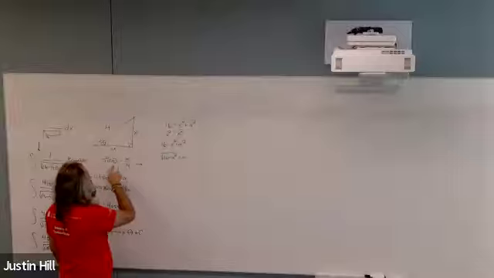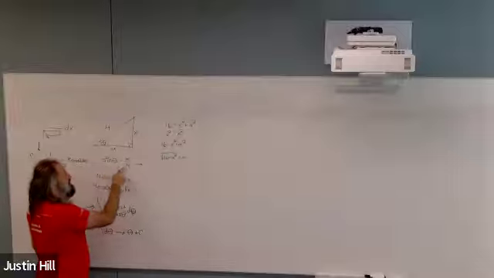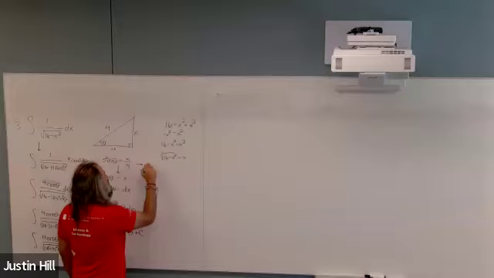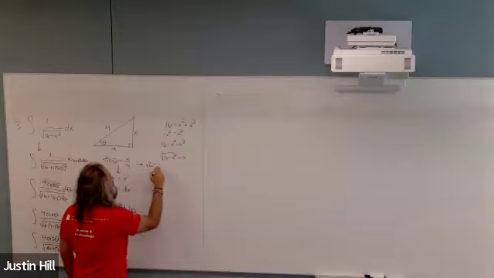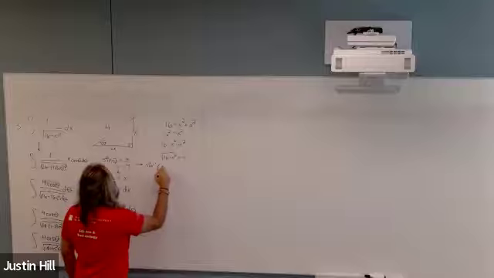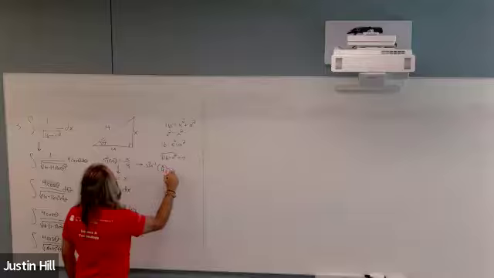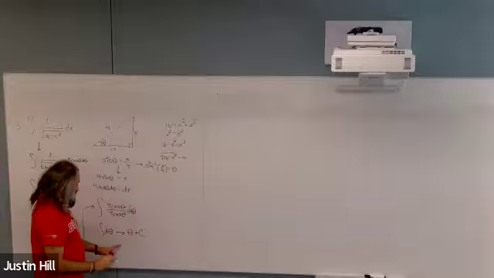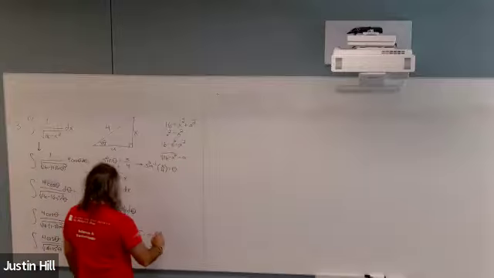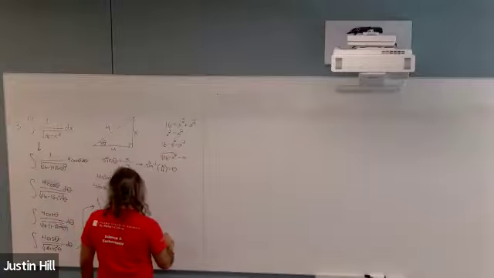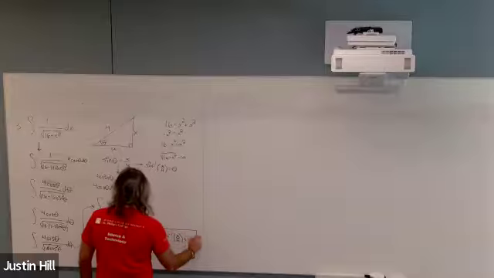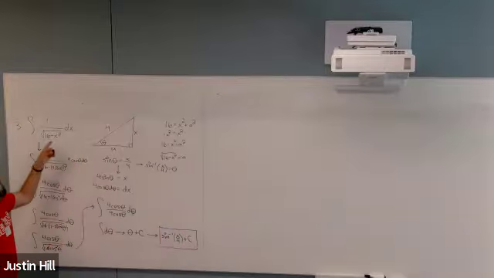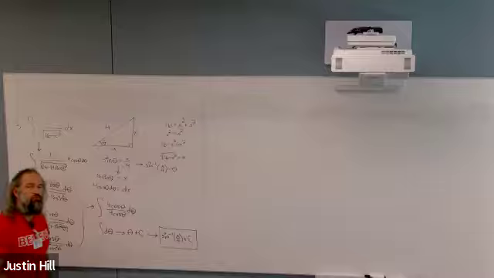Theta is just the sine inverse, which reverses the sine. So sine inverse of x over 4 has to equal theta. So my answer is sine inverse of x over 4 plus C. That is the integral of 1 over the square root of 16 minus x squared.